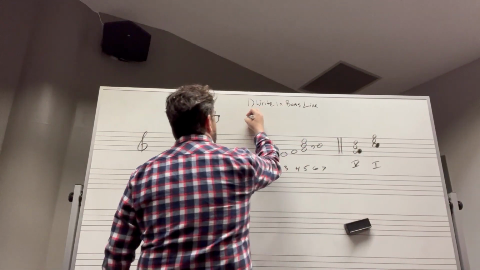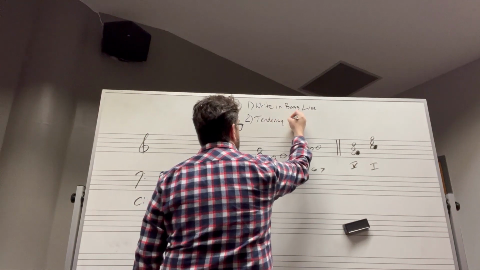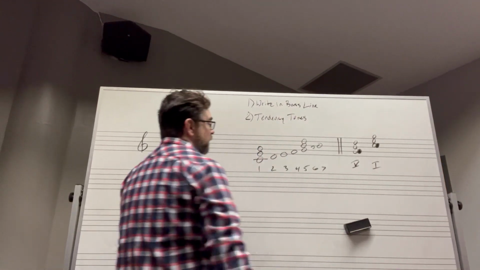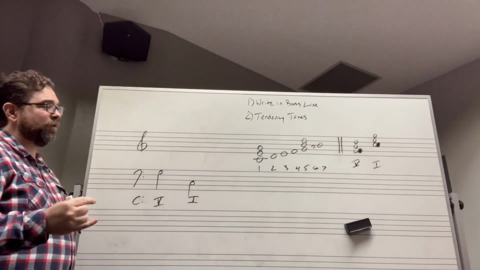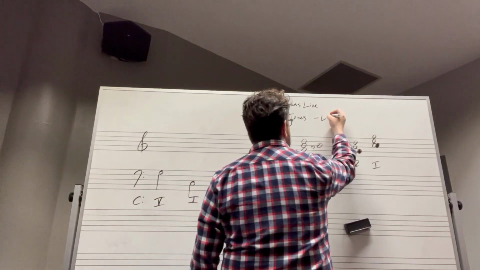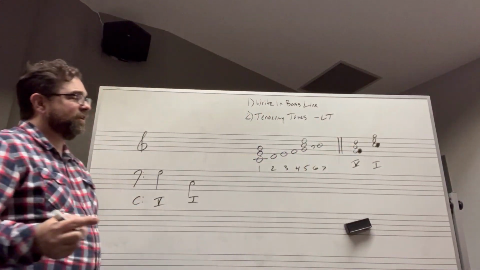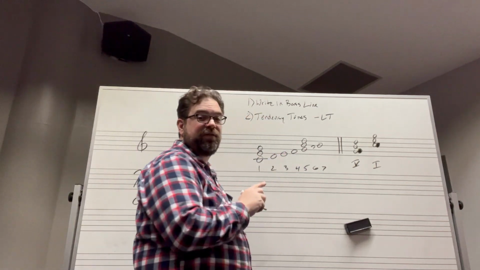The next thing we want to deal with is a tendency tone. Whenever you have a 5 chord, you have a tendency tone. A tendency tone, there's a few of them. Right now we're just dealing with the leading tone. We're going to abbreviate that LT. The leading tone always has to resolve up by step. So the leading tone is the 7th scale degree.